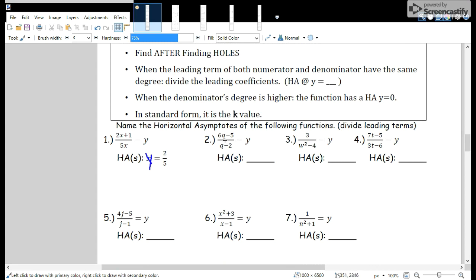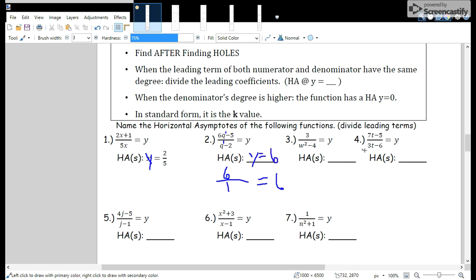Okay, on number 2, we've already taken out the holes. There's nothing you can factor. The leading coefficients have the same degree, both q to the first power. So then we divide the coefficients. 6 divided by 1 equals 6. So that means we have a horizontal asymptote at y equals 6.